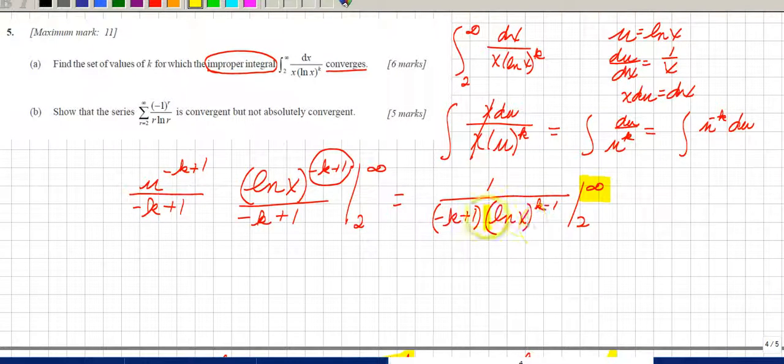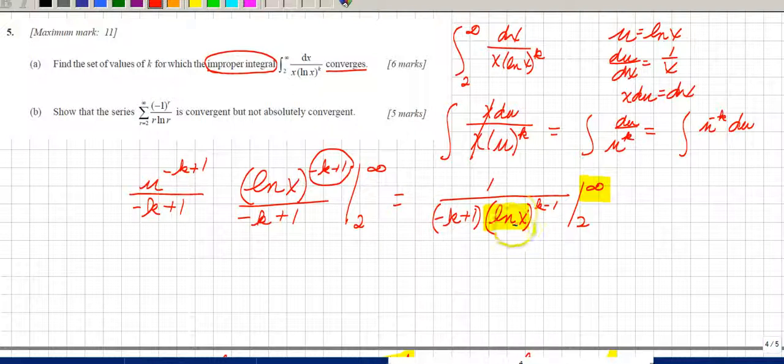Well, ln x, when you put infinity in there, that's always a large number. So to keep that large, you would just have to be raising it to a positive power. If it were a negative power, it'd flip it back to the top, which means it would not be approaching 0. We want the denominator to get larger and larger and larger, so the complete fraction is approaching 0.